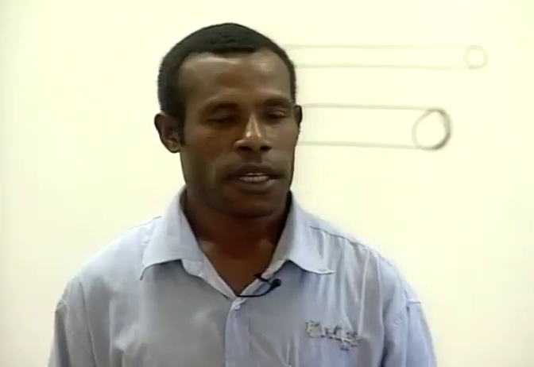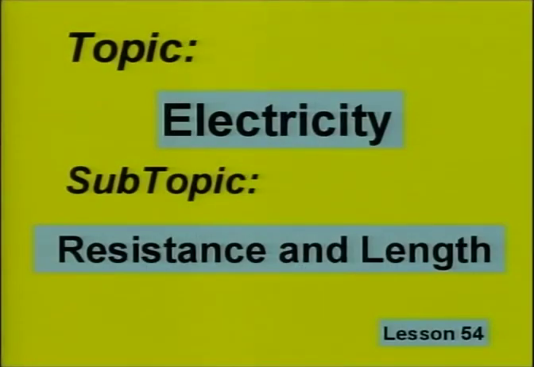All right, in today's lesson, we'll talk about resistance and length. Before we go through that, can somebody define resistance? What is resistance? Samuel, you tell us what is resistance.